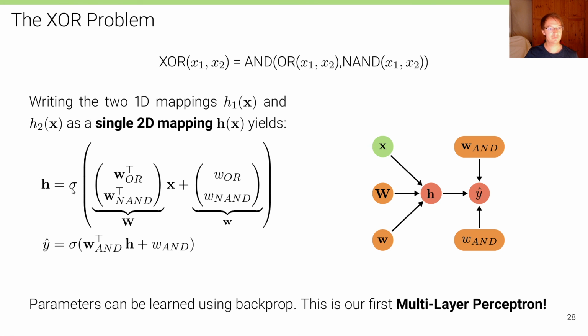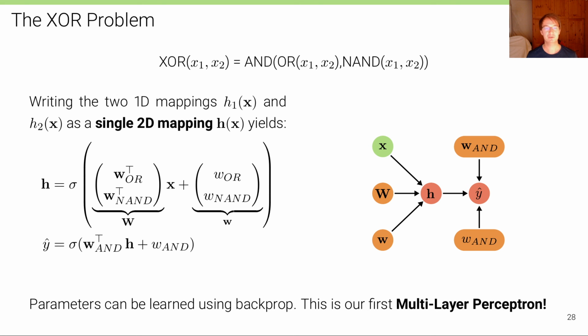We don't have non-differentiable step functions here, but we have differentiable sigmoid activation functions, which means that we can start from a random guess for all of the parameters, for the matrix W and the bias vector, and for the output weights and the bias. So we start with random parameters, and then we optimize for our data set and learn these parameters using gradient descent, where the gradients are computed using the backpropagation algorithm.